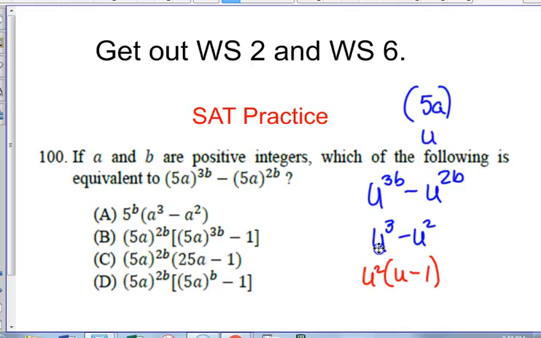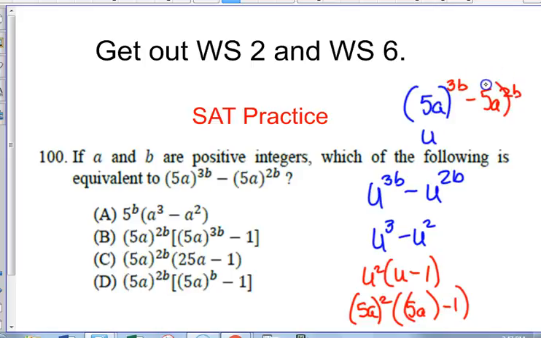Now, instead of U, it was 5A, yes? Okay. So right here, when we took out, well, I'm just going to write it 5A squared, 5A minus 1. But there's another issue here, okay? There was a B. So when we started with this, what do you do with the exponents when you factor?